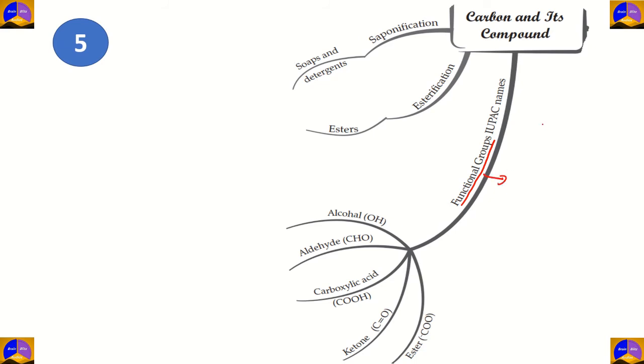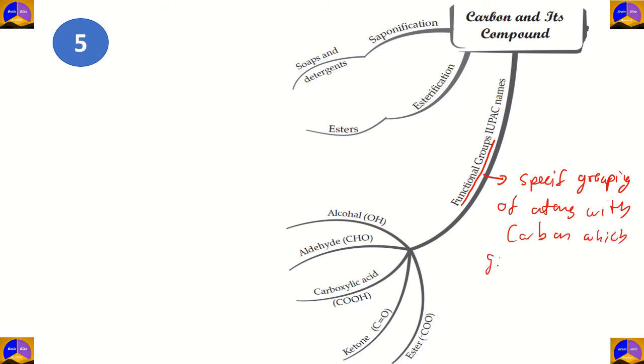So what essentially is a functional group? A functional group is a specific grouping of atoms with carbon which give specific characteristic properties to the carbon compound.